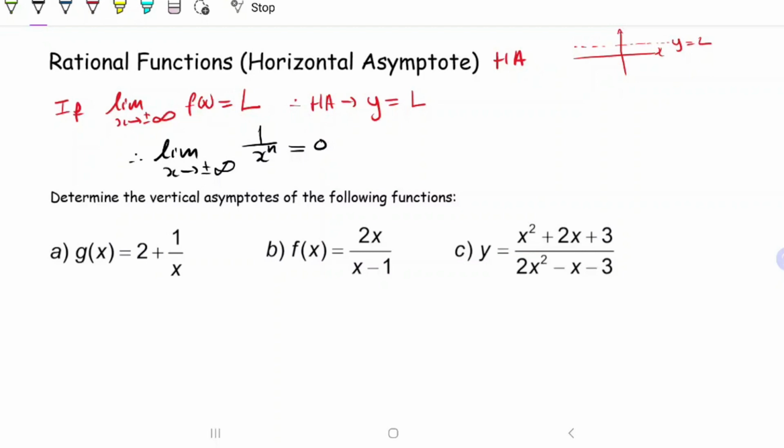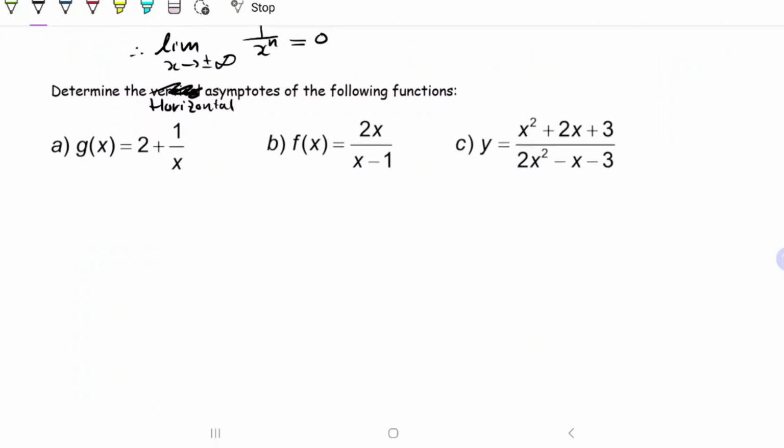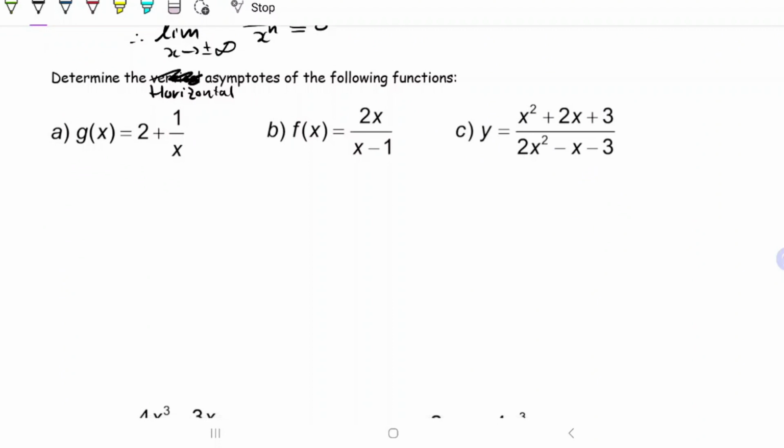That is quite important for you to remember. So let's dive deep into this. In our questions now, we will say determine the horizontal asymptote instead of determining the vertical asymptote. So determine the horizontal asymptote of the following functions.